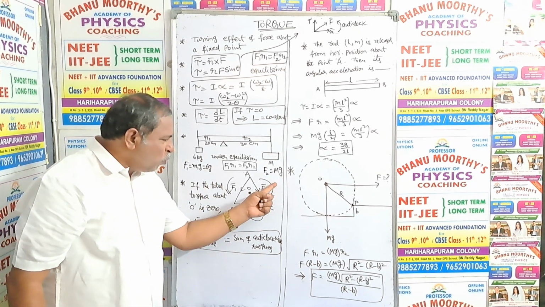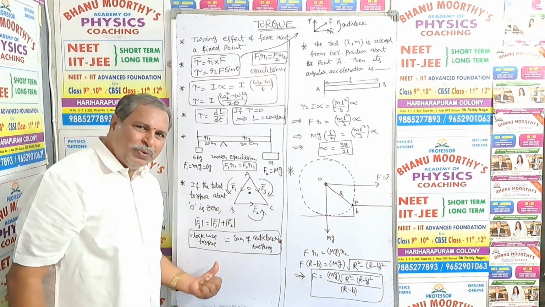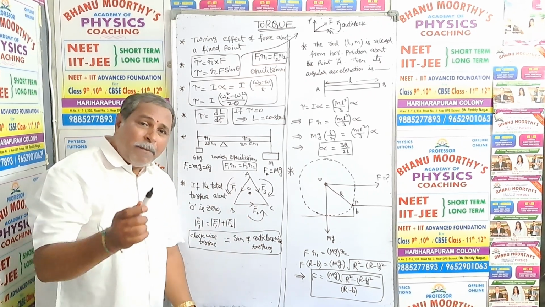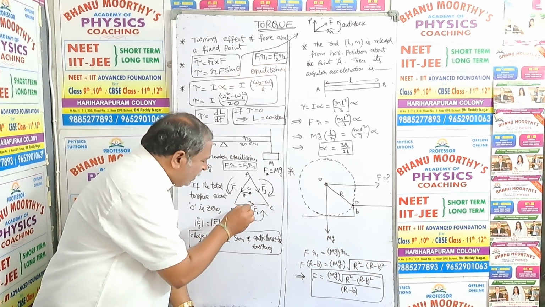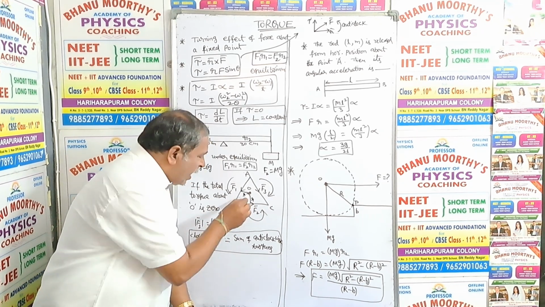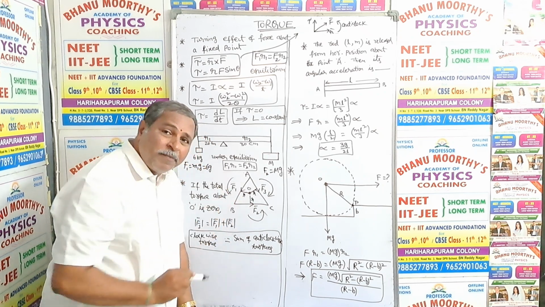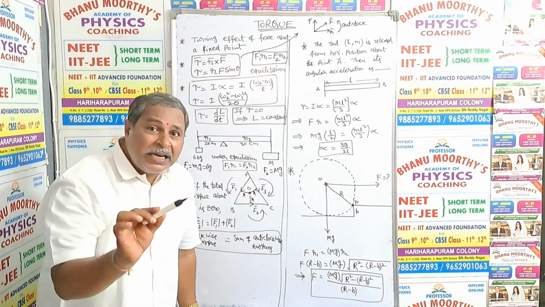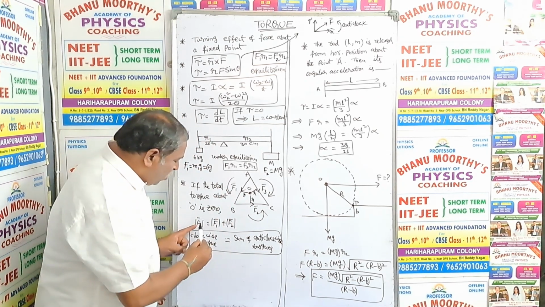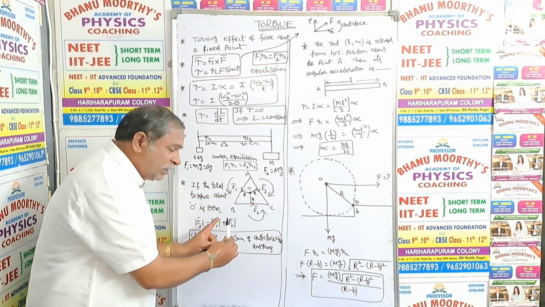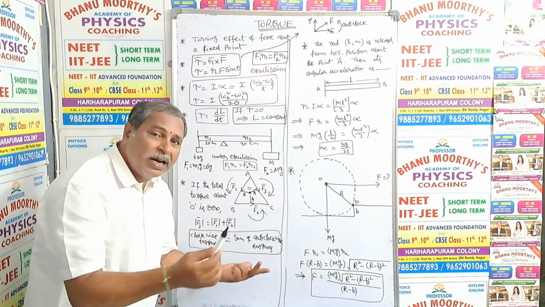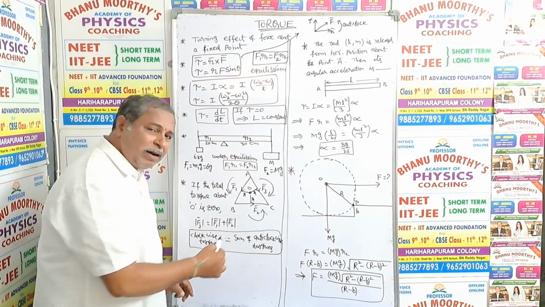Tau 3 equals tau 1 plus tau 2, we can represent. Here the perpendicular distance is R for each, so the perpendicular distances are equal. So F3 into R equals F1 into R plus F2 into R. R gets cancelled, and you will get this formula.